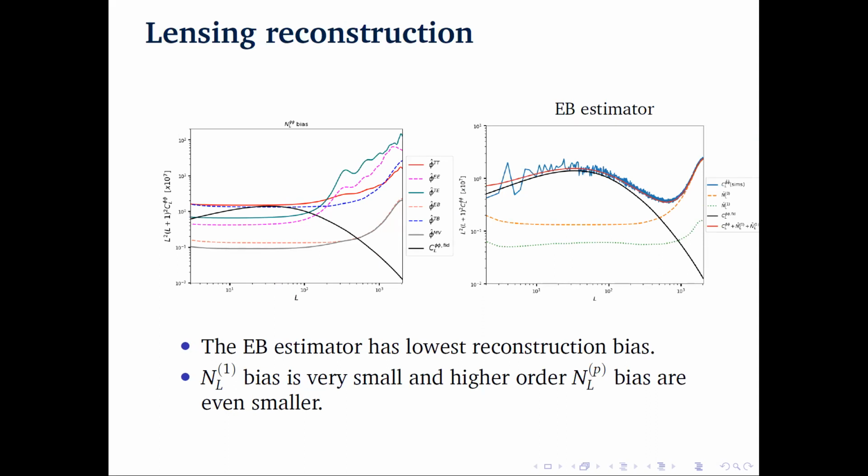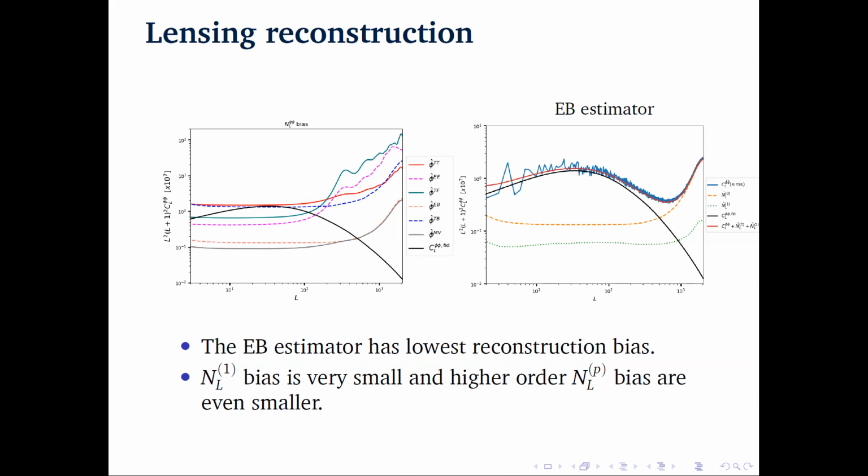With this noise property, I use the Hu-Okamoto quadratic estimator that I mentioned, and this is the reconstruction noise for the specification we use. So here you can see that the lowest reconstruction noise is for the EB estimator, which is a polarization based estimator, right?